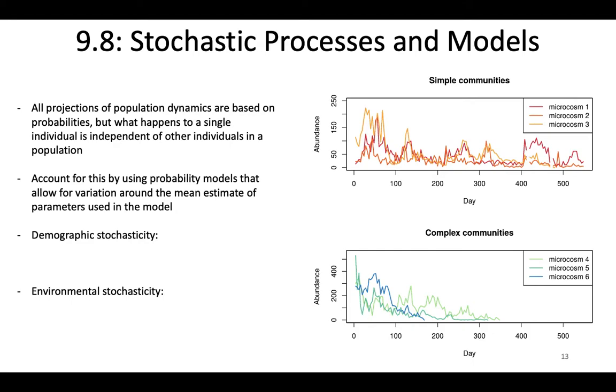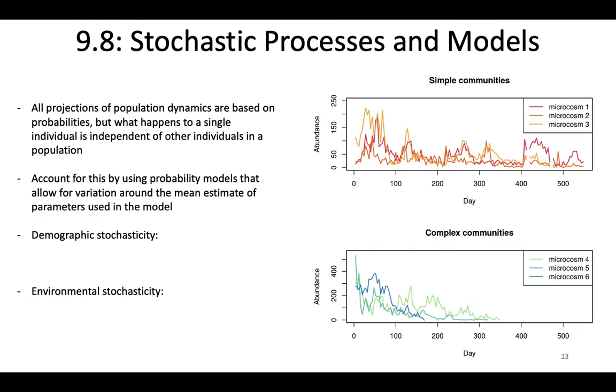So if y'all go to graduate school and become ecologists, you'll have to learn all about Markov chain Monte Carlo and Bayes theorem and all the probabilistic algorithms that ecologists use to simulate this stochasticity. But I'm not going to make you learn about that. I just want you to know that there are probability models that can account for stochasticity in data when you're trying to make future projections or even project into the past.